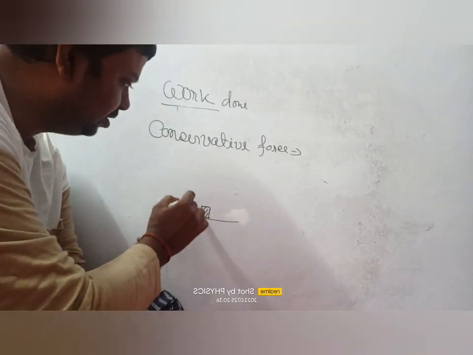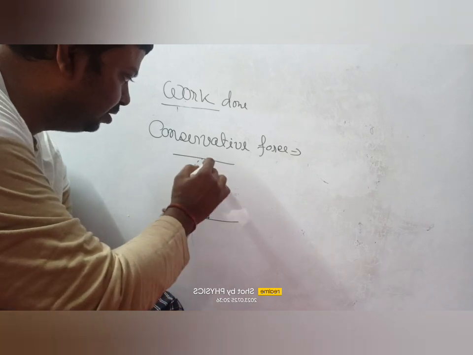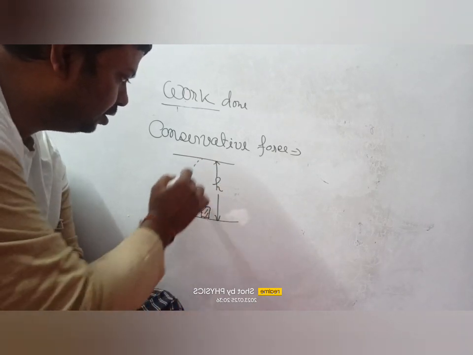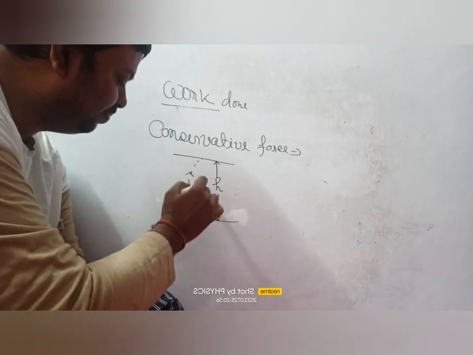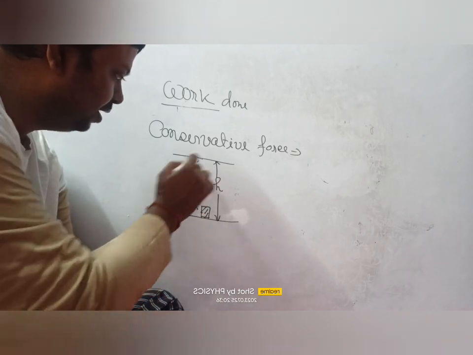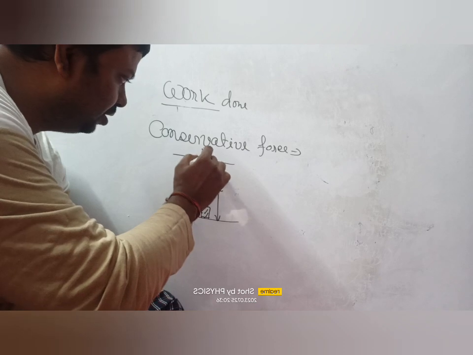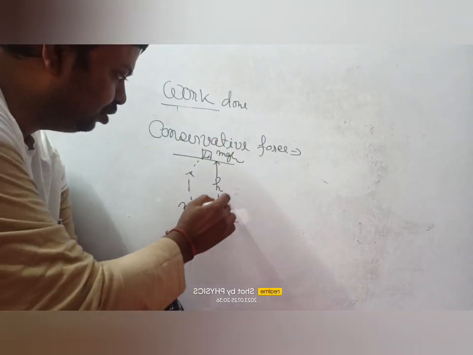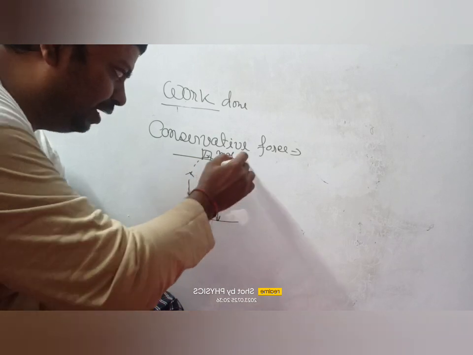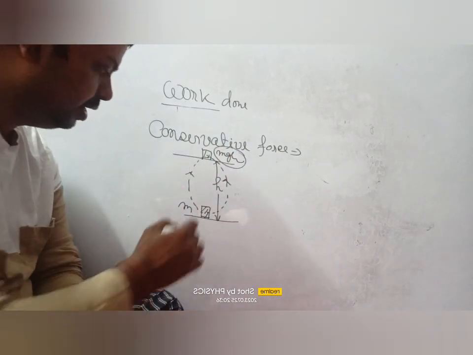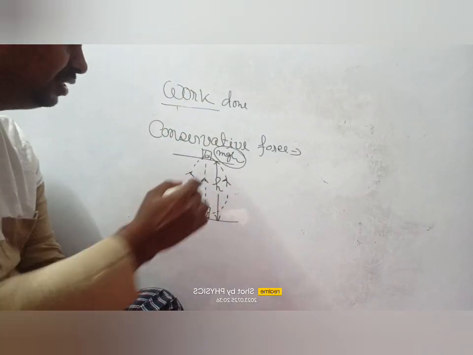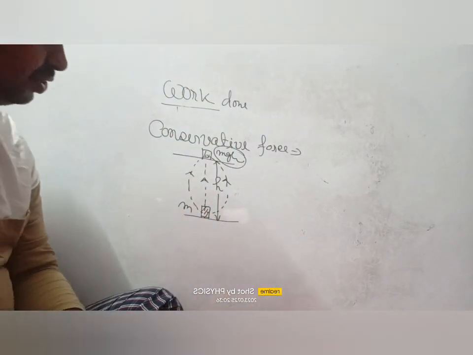If we take it to a height h from that path, mass is m, height h, mgh is the work done. If we take it through that path, the work done will be the same, mgh, and if we take it vertically in that direction, the work done is the same, that is mgh.